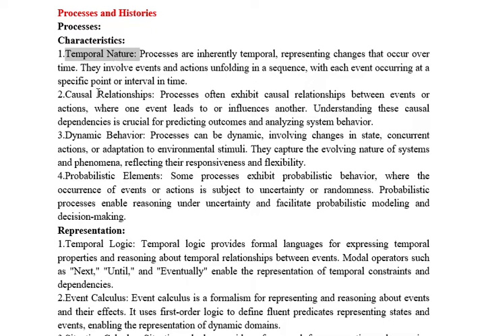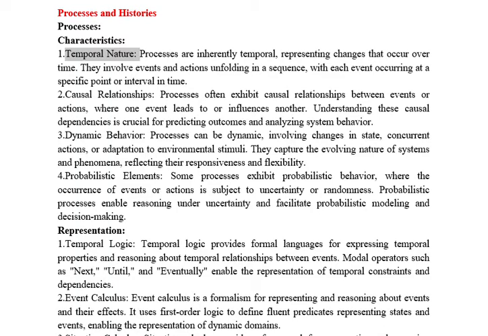Okay. Next, causal relationship. What is a causal relationship? Causal relationship is the cause and effect relationship between two events, which I explained in my classification of the process, so I'm saying to watch that video and come to this video so that you can understand this. Causal relationship means it is like a cause and effect relationship.